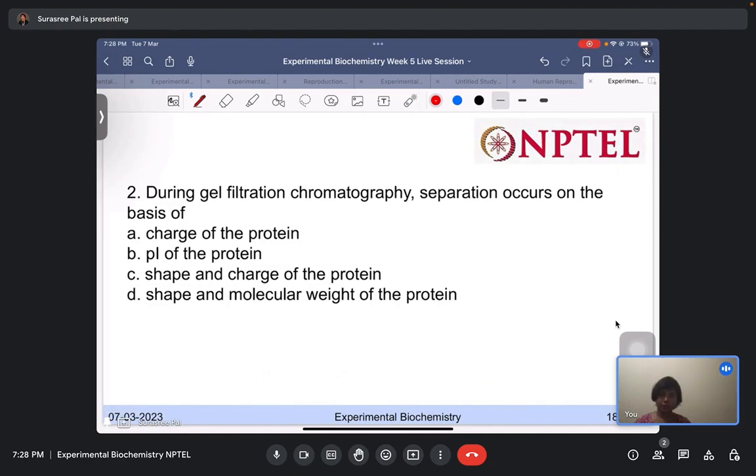During gel filtration chromatography, separation occurs on the basis of, I already discussed gel filtration chromatography. What is the basis of separation in gel filtration chromatography? Charge, pI, shape and charge of the protein, or shape and molecular weight of the protein? So the correct answer is shape and molecular weight of the protein.